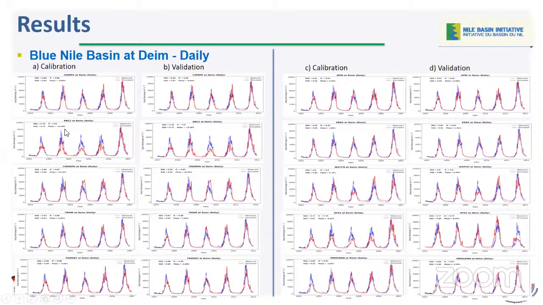And next is the performance of ARC2, and next is CMORPH, TRMM, TAMSAT, here GBM and ERA5 dataset, WATCH dataset, and RFE2 and PERSIANN dataset. Don't worry, we will summarize these figures in the next slides. Actually, I try to be concise as much as I can.